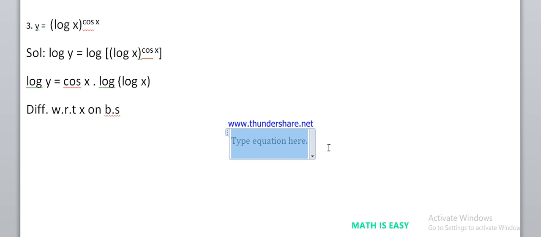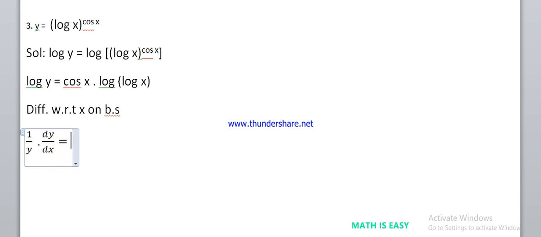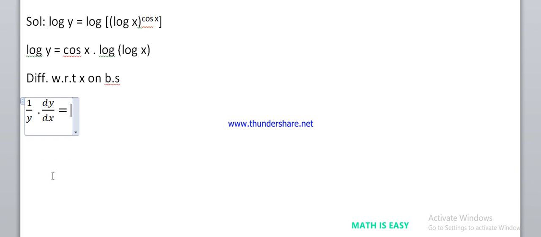Let me insert the equation. So differentiation of log y is 1 upon y multiplied by dy upon dx. Okay. So log y differentiation is 1 upon y dy by dx. Now when I want to differentiate this term, this is in the form of uv.